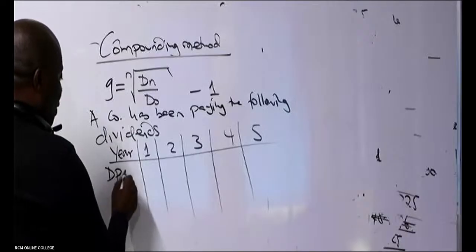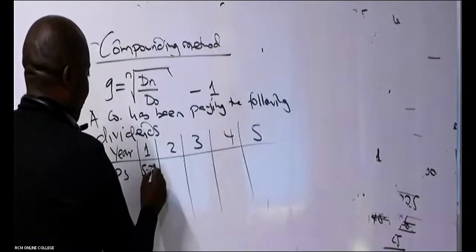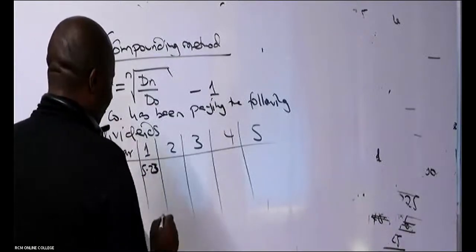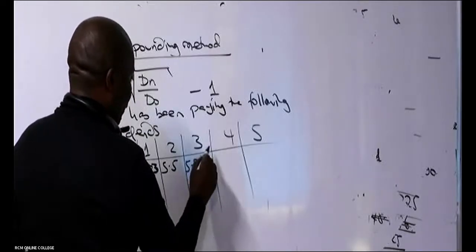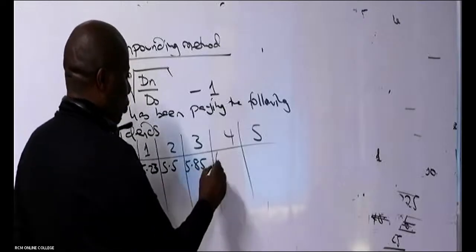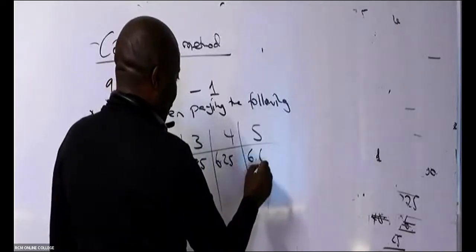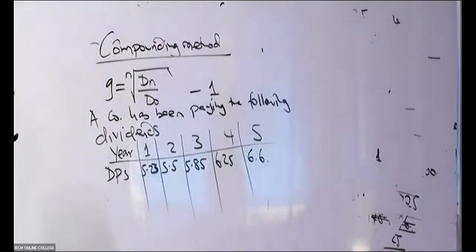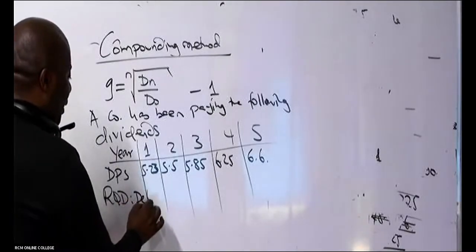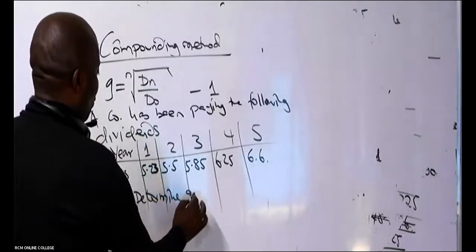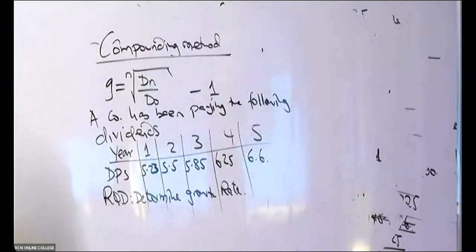We have here dividends per share: 5.23, 5.5, 5.85, 6.25. You can see the dividends are growing. Then we have 6.6. We are required to determine the growth rate.